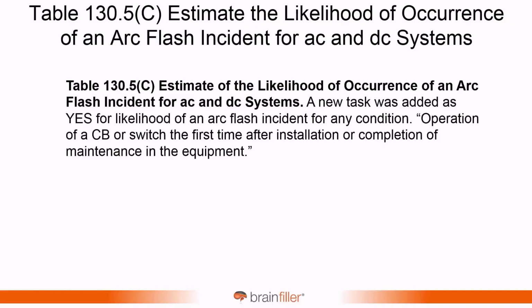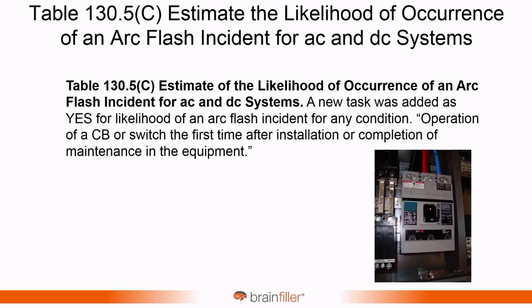And in general, if you have equipment where all the covers are in place, normal operation, and just operating it, it's considered basically not a high likelihood of an arc flash. But there's one in there now that is. And it's the one that was introduced for 2021. And so what this looks like, if you're going to operate a circuit breaker or a switch for the first time after the installation or completion of maintenance in the equipment, the first time operation.